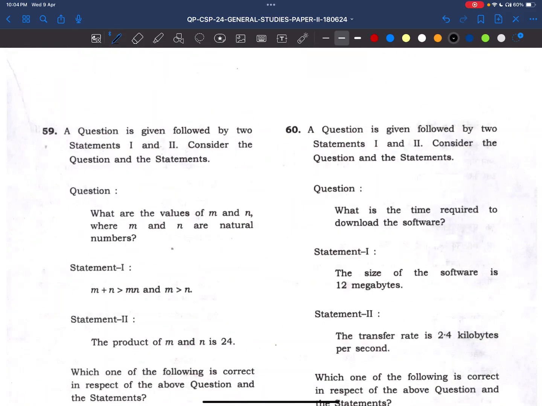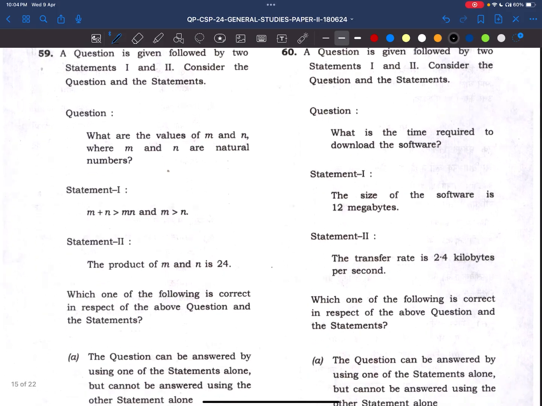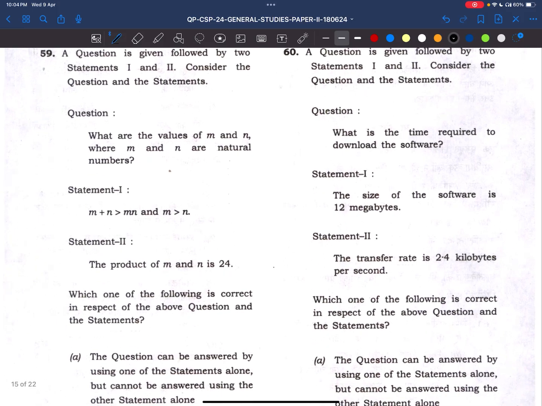59th question. The question is given followed by two statements, one and two. Question: What are the values of M and N, where M and N are natural numbers? Statement number 1: M plus N greater than MN. Statement number 2: Product of M and N is 24.